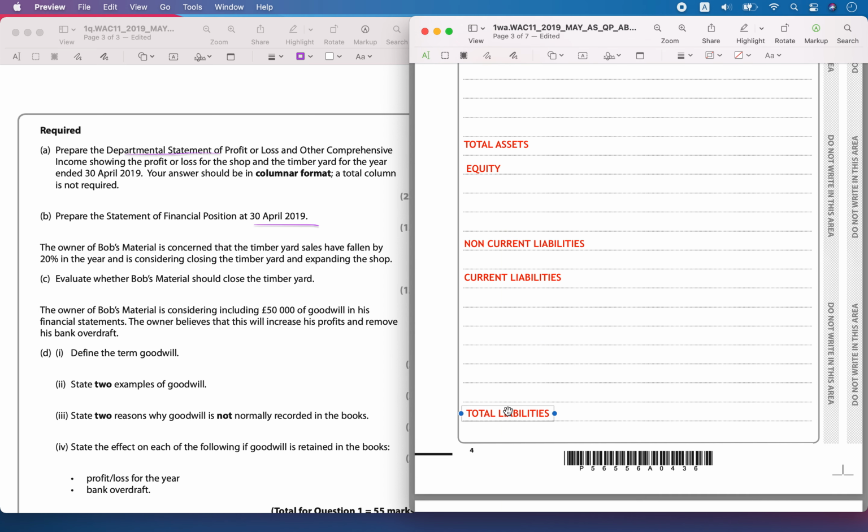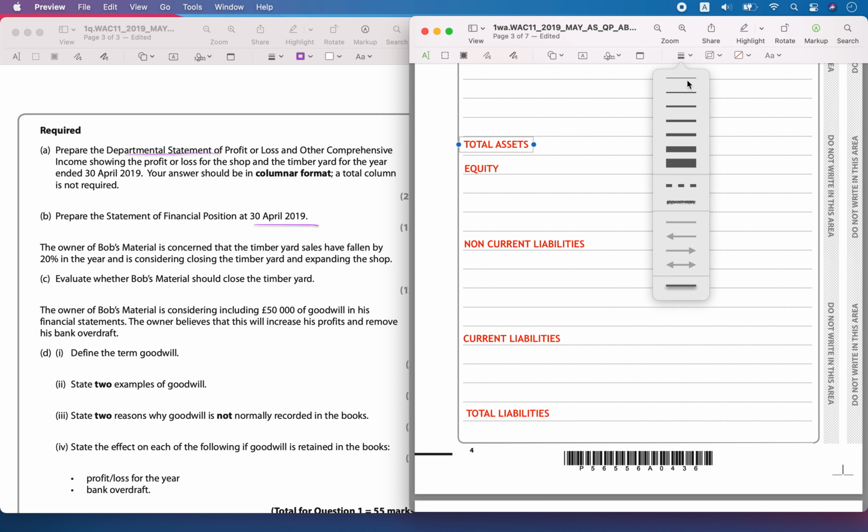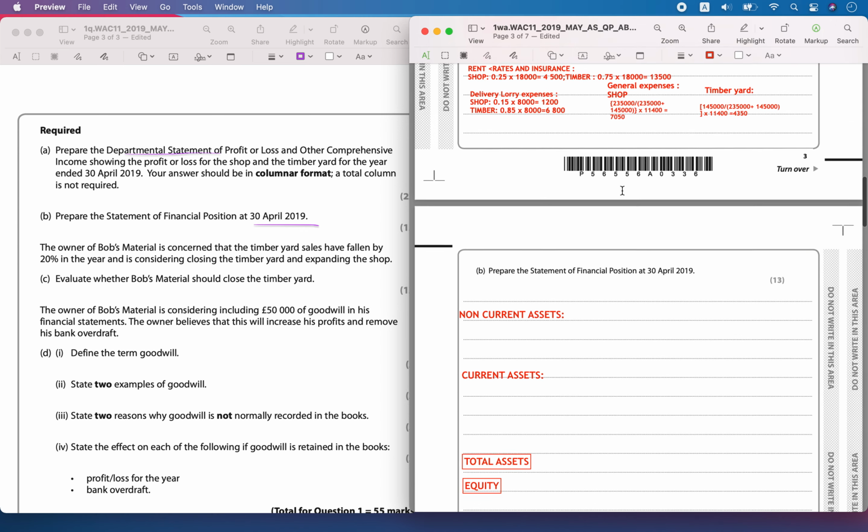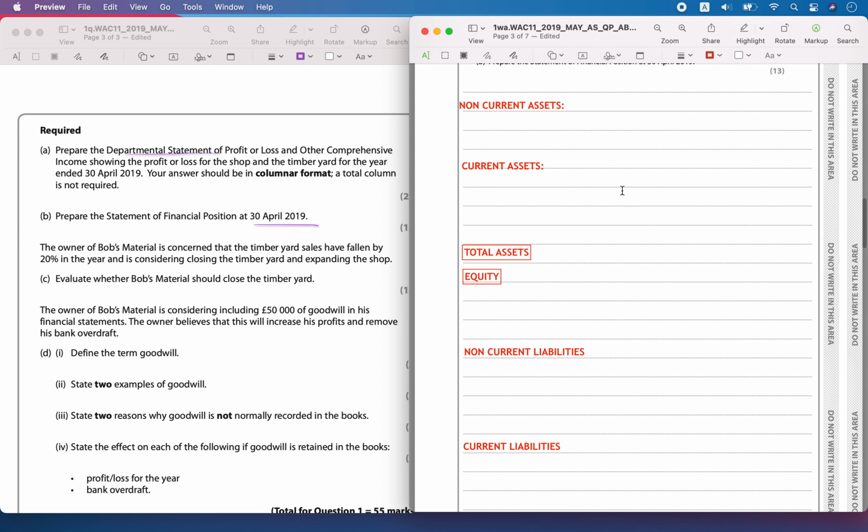The equity plus the total liabilities should be equal to the total assets. So total assets is equal to equity plus total liabilities.